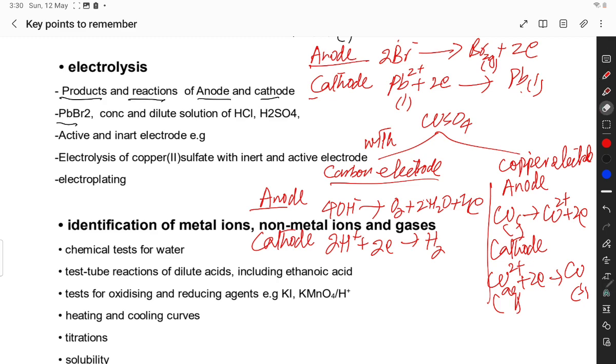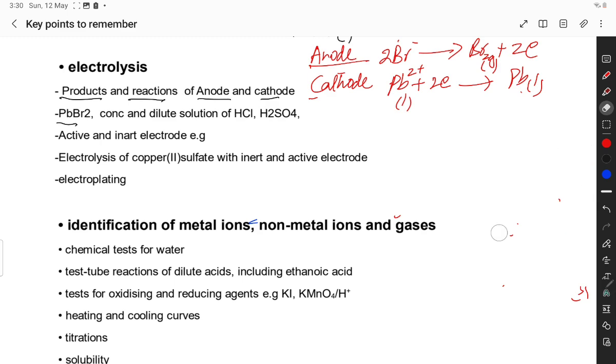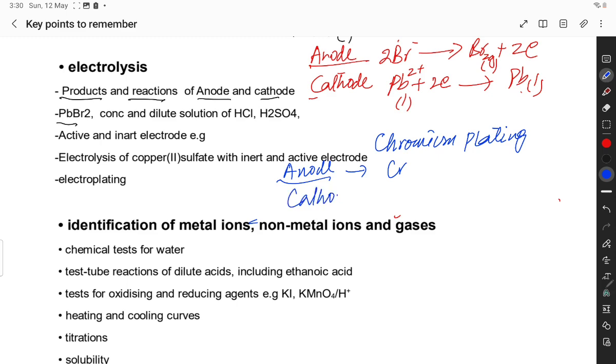So next is electroplating. In electroplating, if you want to plate silver or chromium, let's say chromium plating, the anode is made up of chromium, the cathode is the object, and the electrolyte is chromium nitrate.